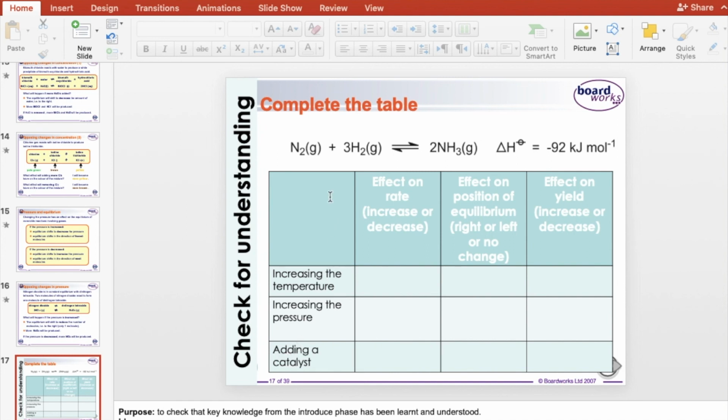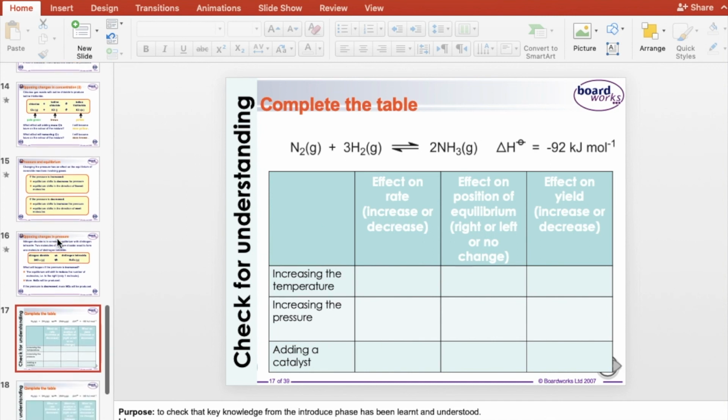Remember, as said in previous videos, catalysts have no effect on the position of the equilibrium. They just provide a constant rate of the reaction, either forwards or backwards. The presence of a catalyst is just going to speed up the reaction. It won't change the position of the equilibrium.